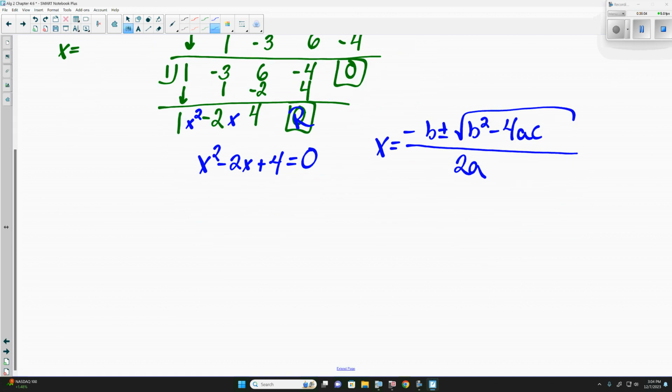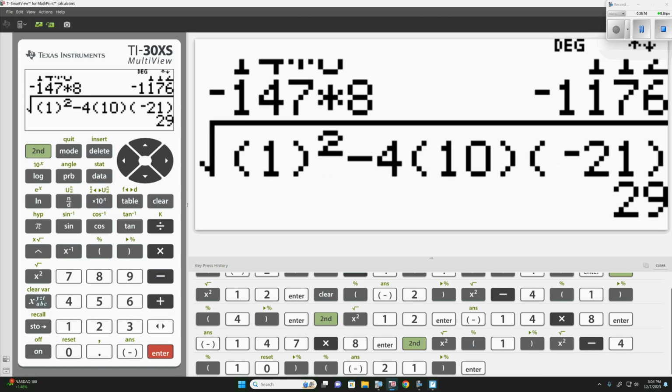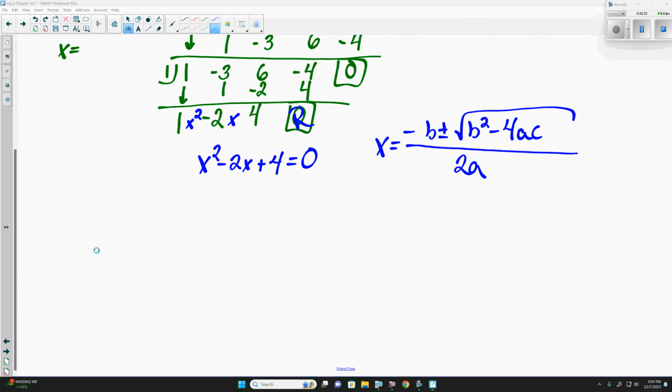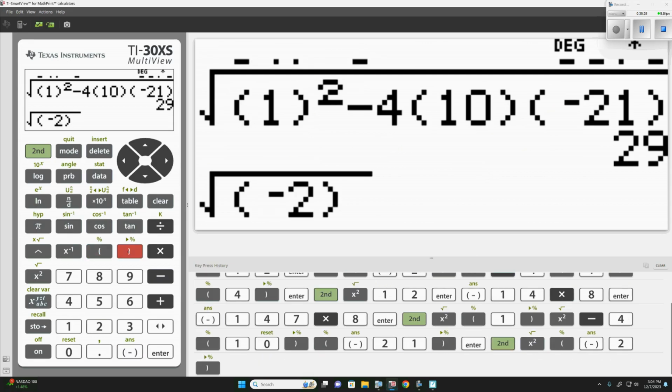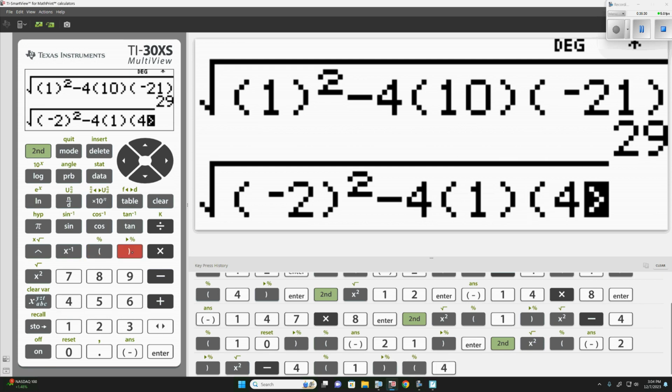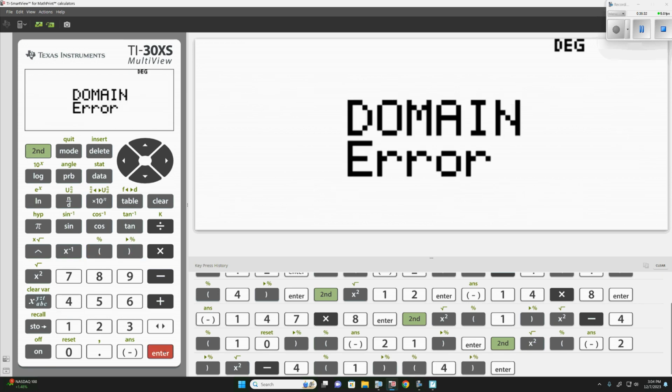So the b squared minus 4ac kind of tells us if it's going to be factorable. Here b is -2, a is 1, and c is 4. So I could try doing that here. Square root of -2 squared minus 4 times 1 times 4. Domain error. So it is not factorable.